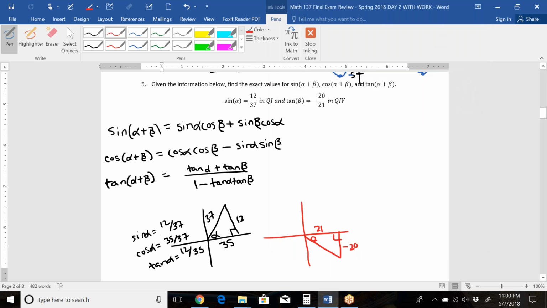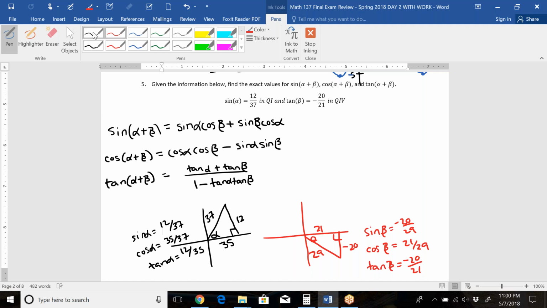Yep, it's 29. So sine of beta is opposite over hypotenuse, so negative 20 over 29. Cosine of beta is adjacent over hypotenuse, and we already knew tangent of beta was opposite over adjacent.